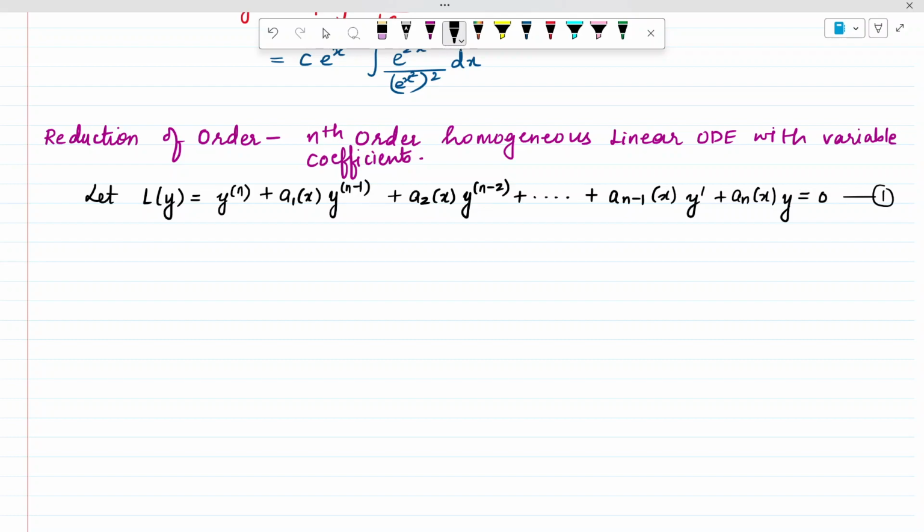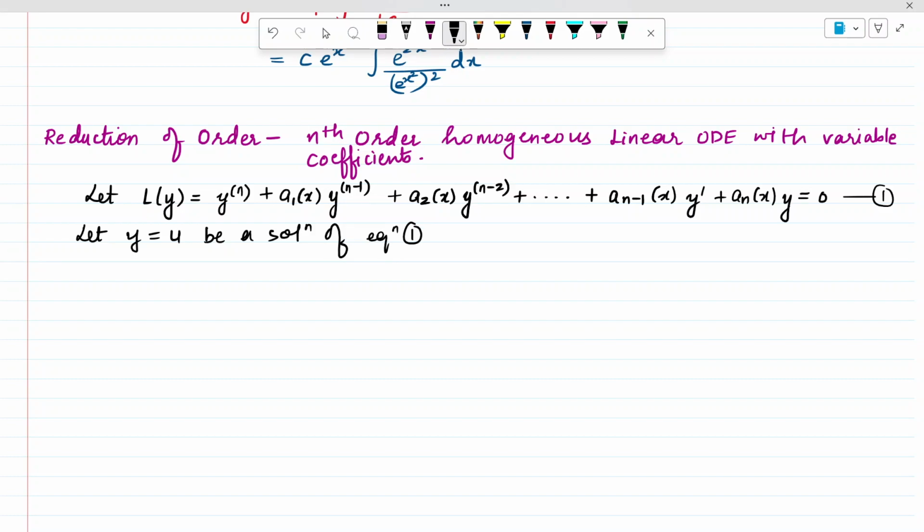Okay. So let's see. Again, we will have one of the solutions which is already found. Okay. So you would say, let u be a solution of equation number 1.